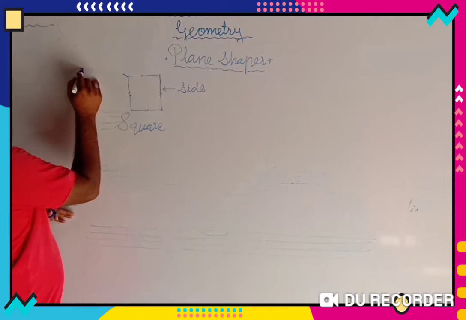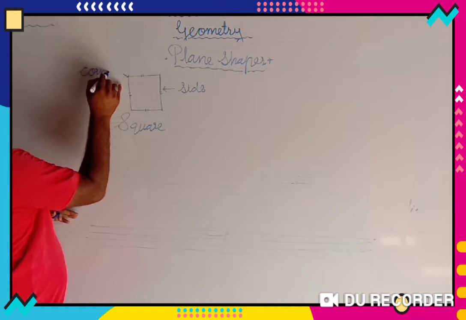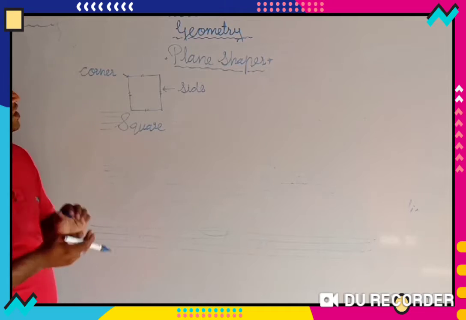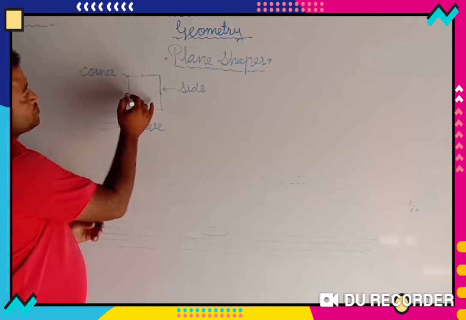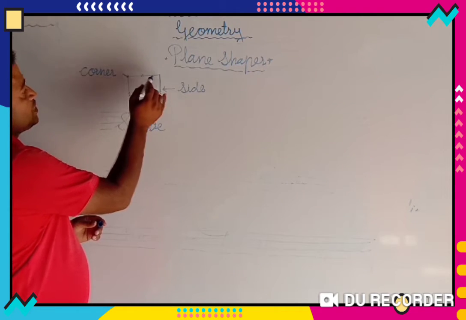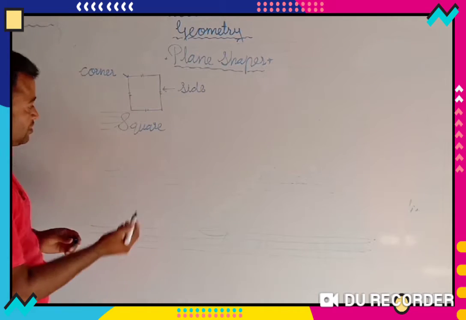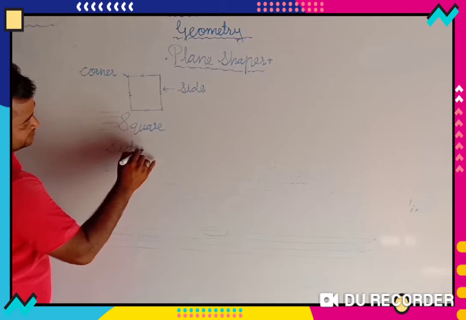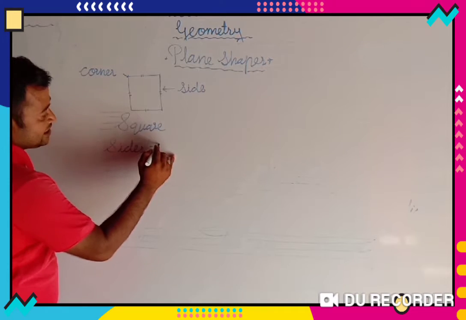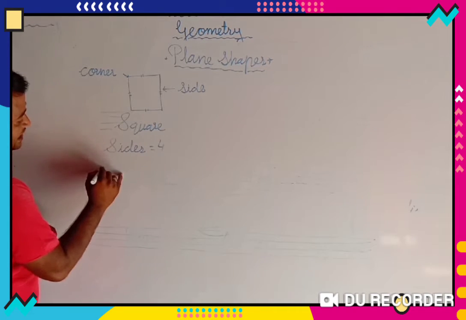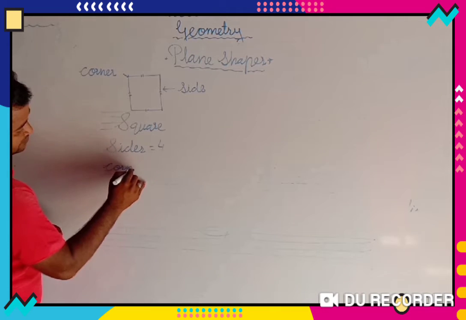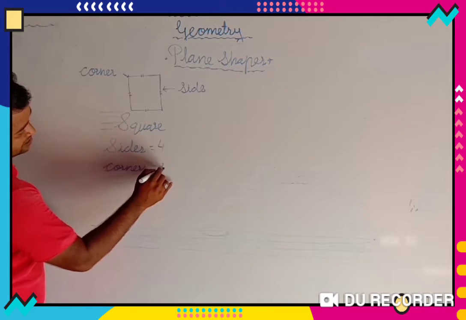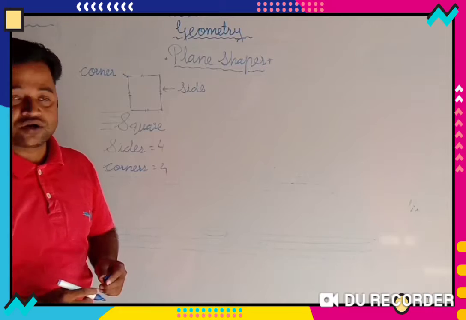This is called a corner. So a square has four sides, 1, 2, 3, 4, and four corners, 1, 2, 3, and 4. Let's write down sides. How many sides does it have? It has four sides and it also has four corners.